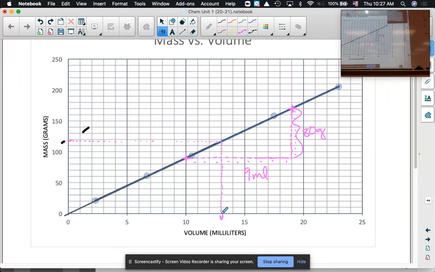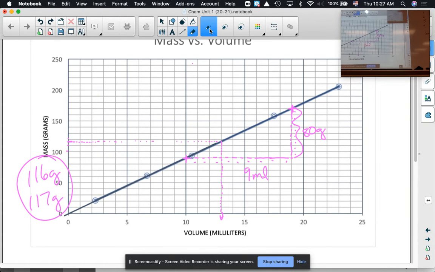Oh boy, seriously, what the heck? So it looks like I kind of went up at the end. So right about there. Now, if this is 100 and that's 110 and that's 120, I'm a little bit above 115. So I might say 116, 117, somewhere in that range.